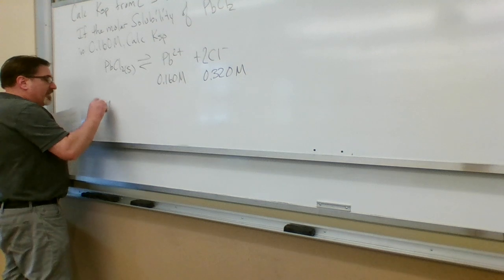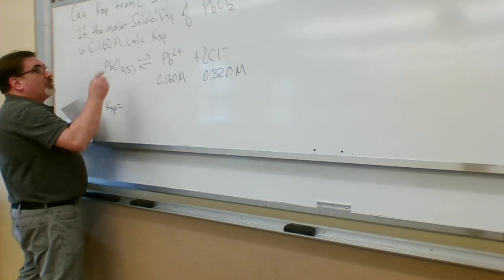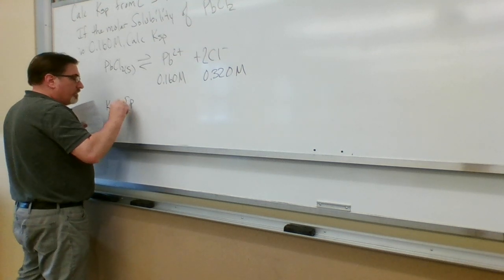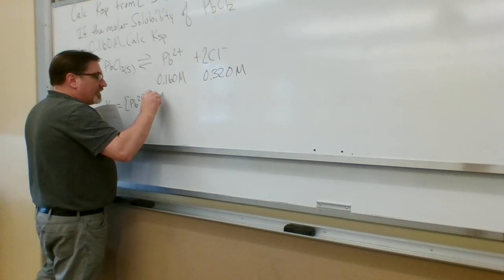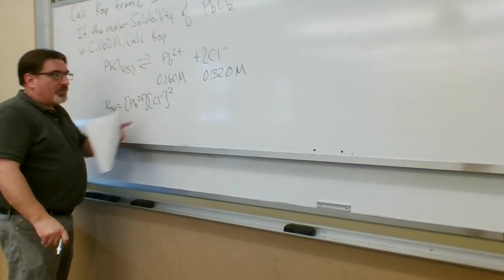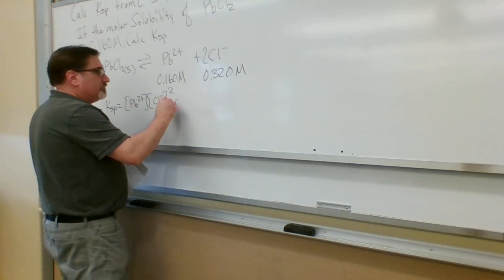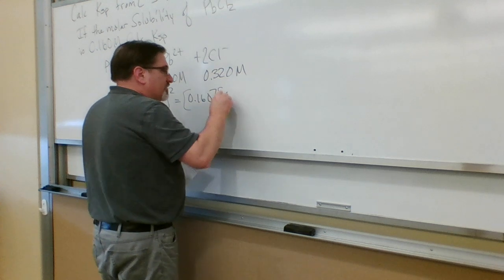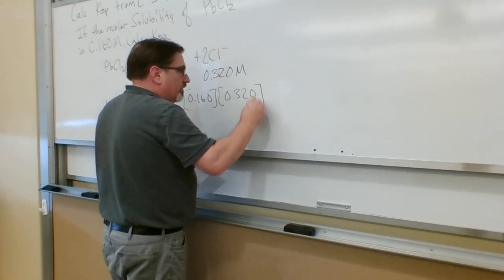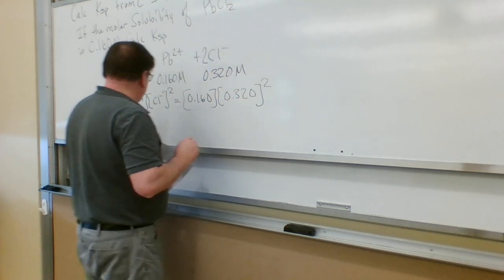So we write the KSP expression. That would be [Pb2+] times [Cl-] squared. And we plug in our numbers. 0.160 times 0.320, that will get squared.